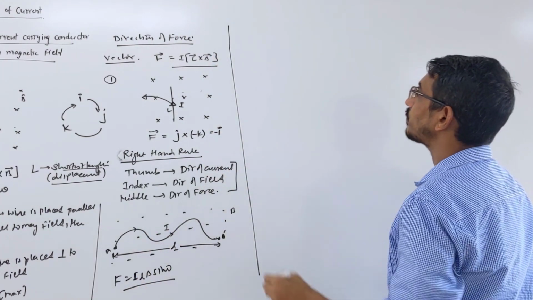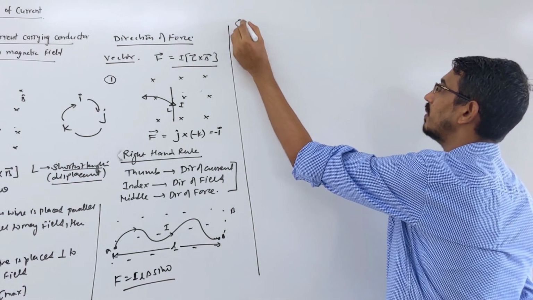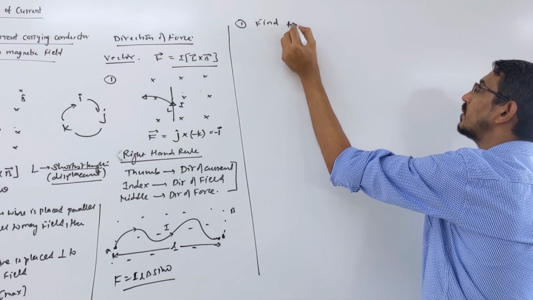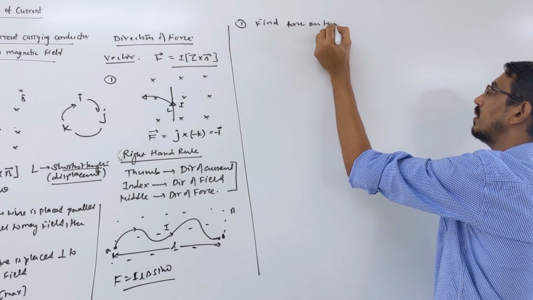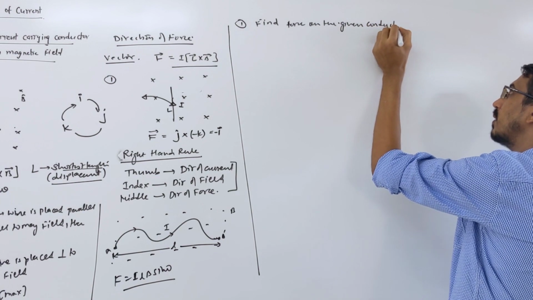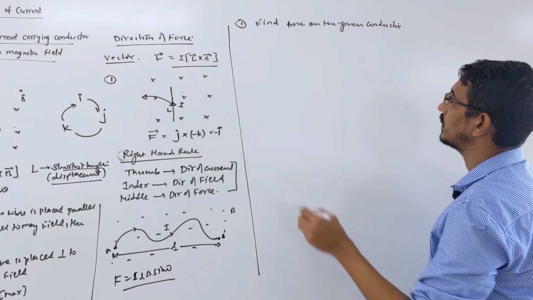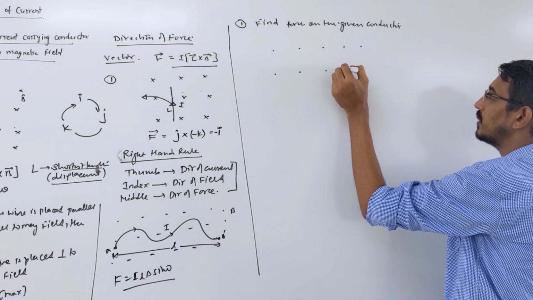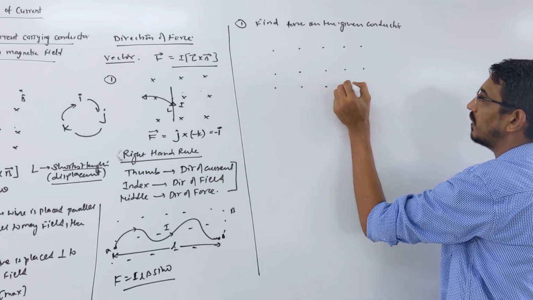Let's see. Suppose I write a question here. Find the force on the given conductor. Suppose I say some field is there, a dot field, and some conductor is placed inside this field.